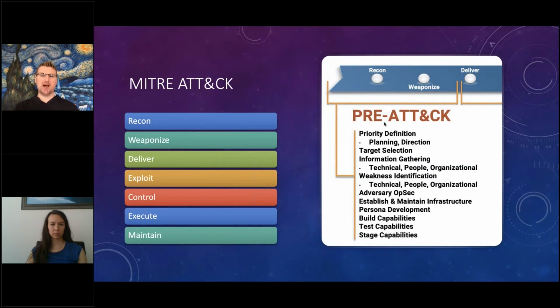When the exploitation happens is around the time that the blue team usually picks up on the exploits and starts an incident response process. And so for today, we're going to go over the pre-attack stage, the planning that's done prior to the attack.